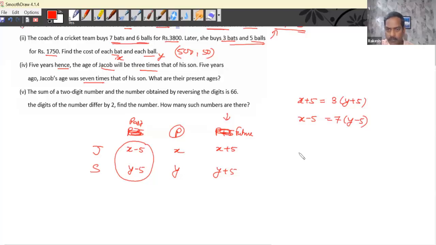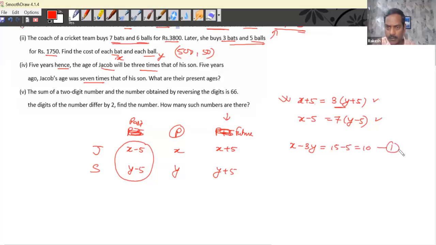So what we can do is that, first of all, let us rearrange the equation. So I'm just focusing on this. I'm rearranging. I should take the variables on the LHS and everything else on the RHS. So here it should be x, and this 3y would be on the LHS, will make it minus 3y. 3 into 5 will make it 15. This 5 will go here. So it will be 15 minus 5, which is equal to 10.